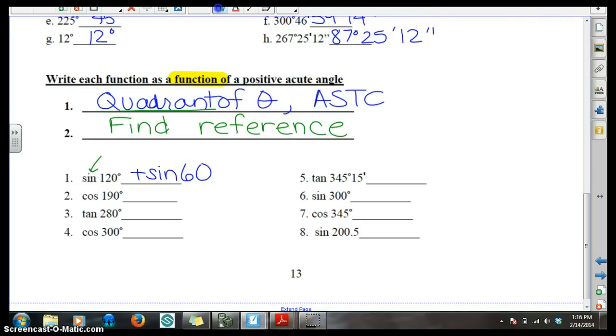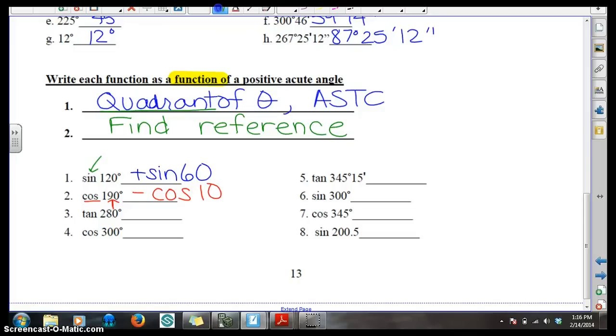Moving on to example 2, cosine in the third quadrant is guaranteed to be a negative number. So I will write the negative cosine, and now I need a reference angle. In the third quadrant, my formula for finding a reference angle is subtract 180 from the given angle. 190 minus 180 is 10.